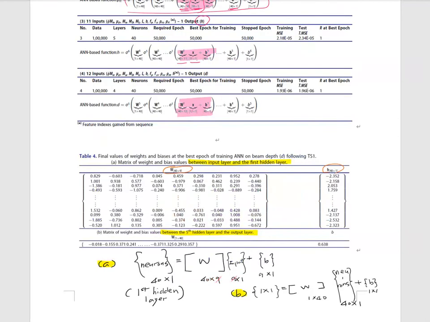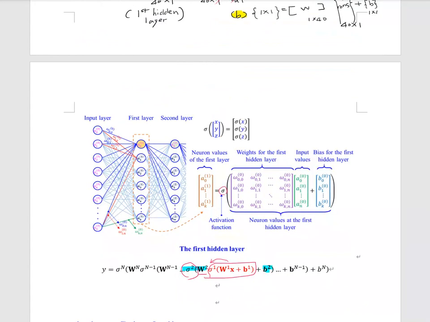Now this is a weight matrix and bias matrices connecting the input layer and the first hidden layer. So the connection between the input layer and the first hidden layer is shown here.